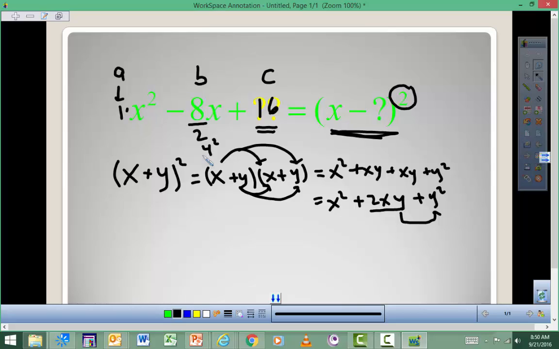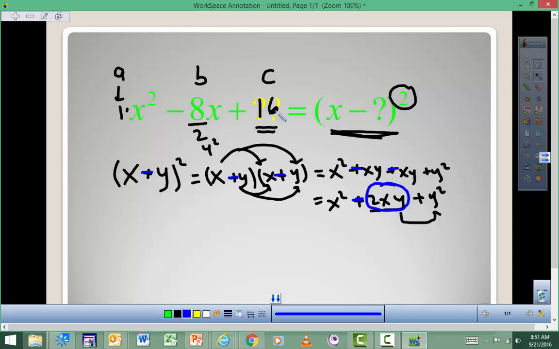And it makes no difference if you're subtracting. The same pattern holds. If this is a minus, this would have been a minus, and you would have had a minus here instead. So, regardless of how you get this, you're still going to have a 2xy here.